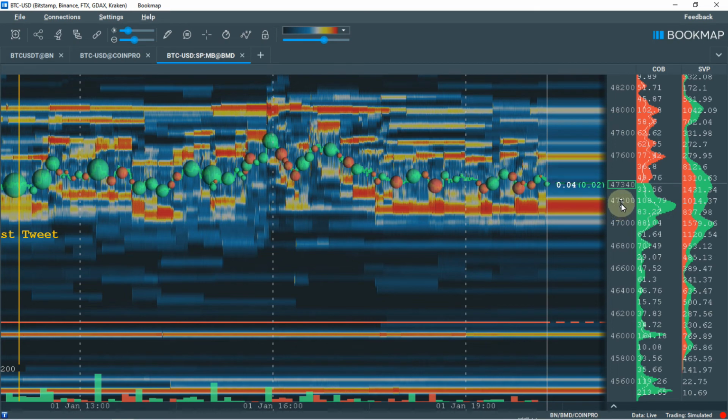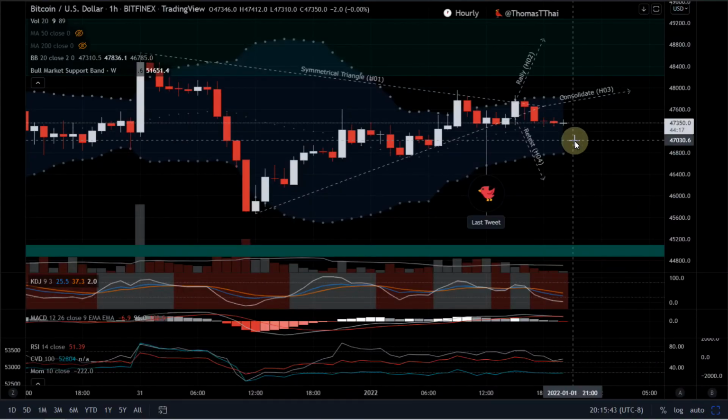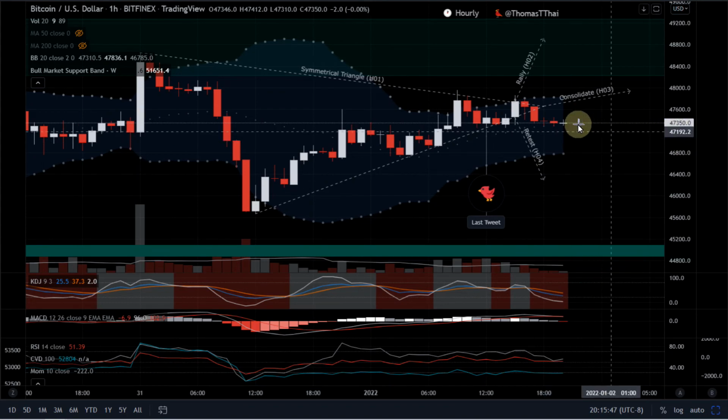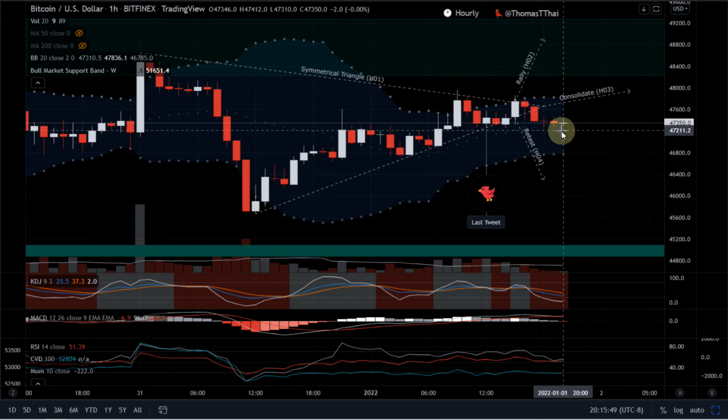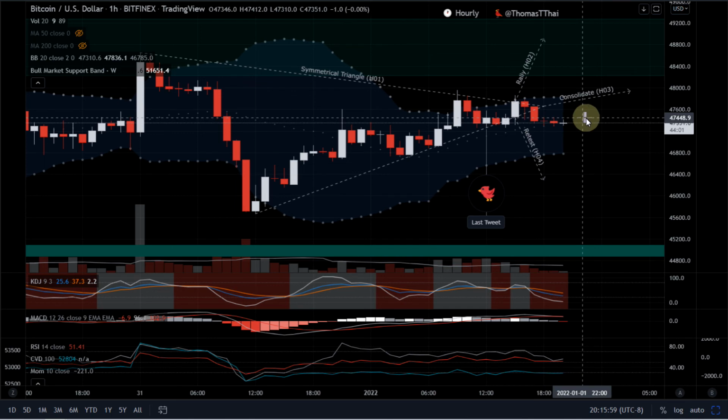The chance of getting past 47,200 can be really difficult. So on this chart, it's 47,350, and 47.2 is going to be right down here. Chance of it going down further with a red candle, very slim. So you can expect this to consolidate sideways like this for the next handful of hours, unless those walls change.